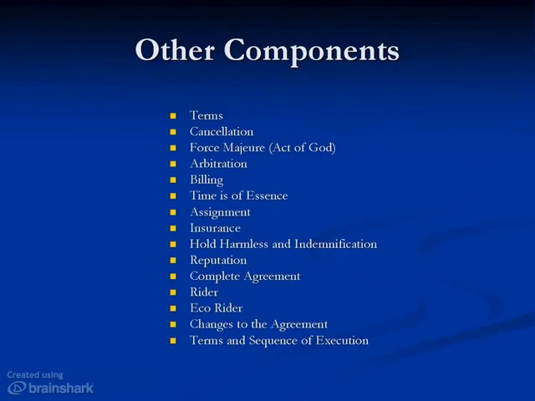Other components would be terms, cancellation, force majeure, which is an act of God, arbitration, billing, time is of the essence, assignment, insurance, hold harmless and indemnification, reputation, complete agreement, rider, echo rider, changes to the agreement, terms and sequence of execution.